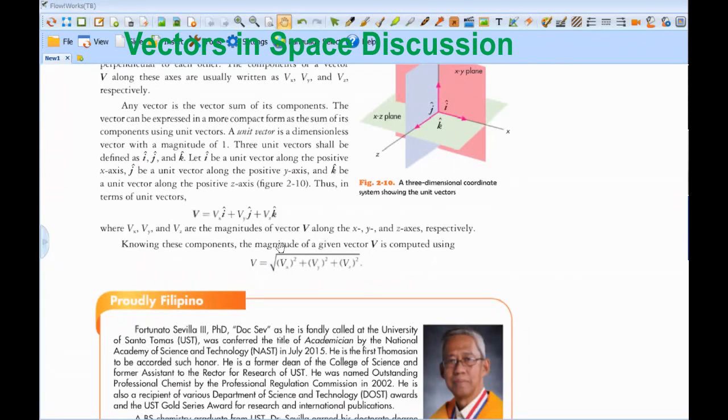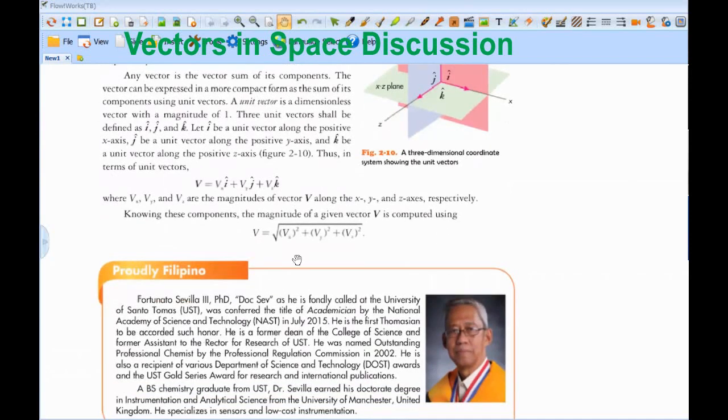Knowing these components, the magnitude of a given vector is computed using this formula. So we will just get the magnitude of the vector. This is actually the diagonal of a prism. It's the formula of the diagonal of the prism.